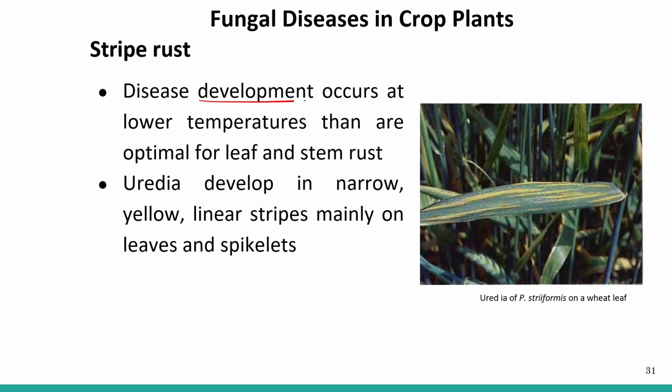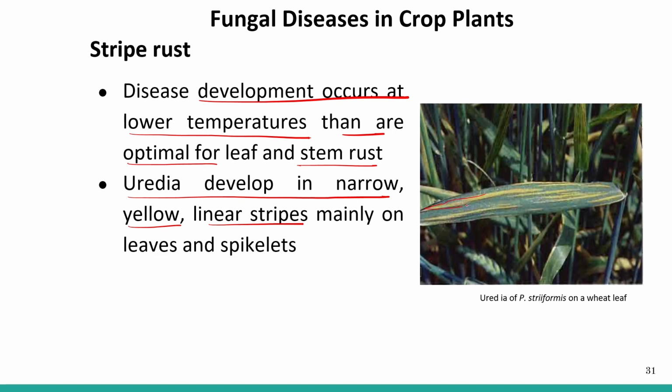Disease development occurs at lower temperatures than are optimal for leaf and stem rust. Uredia develop in narrow yellow linear stripes. So we can see these yellow linear stripes mainly on the leaves and the spikelets, right? They infect the inflorescence also, but basically they infect the leaves.